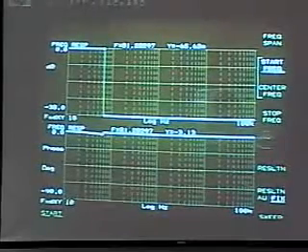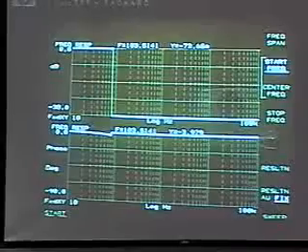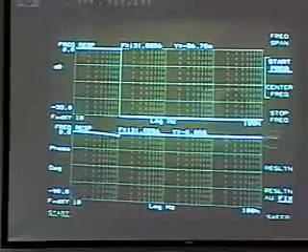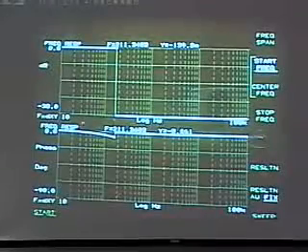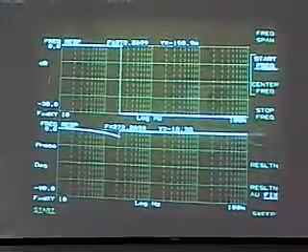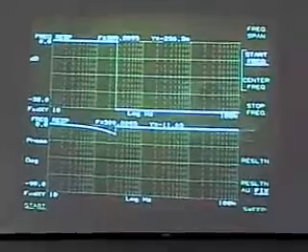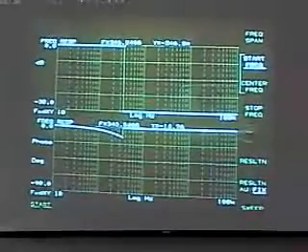So you can see the amplitude being articulated. The bottom figure is the phase. This is the frequency axis. This is the amplitude. Log scales.